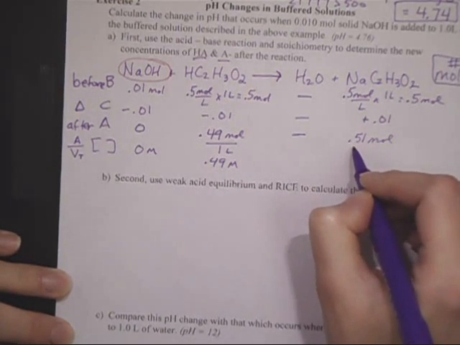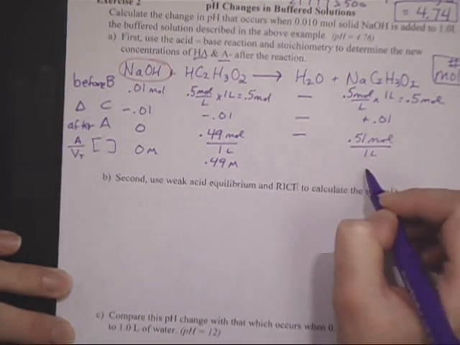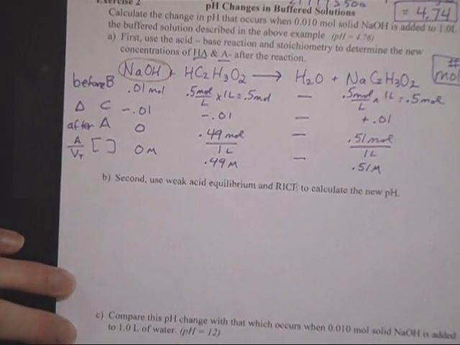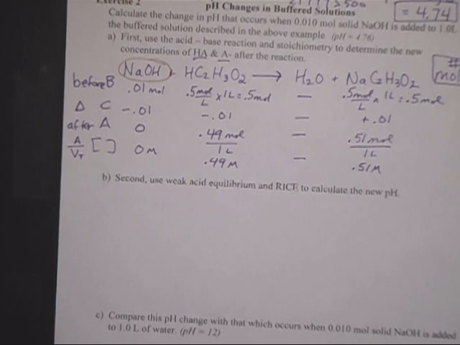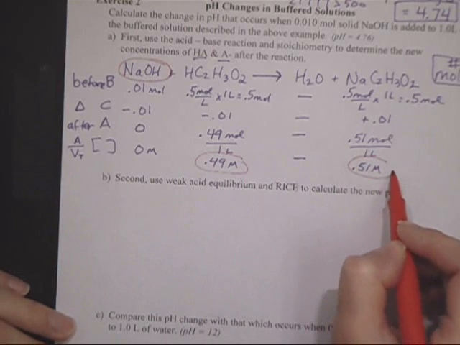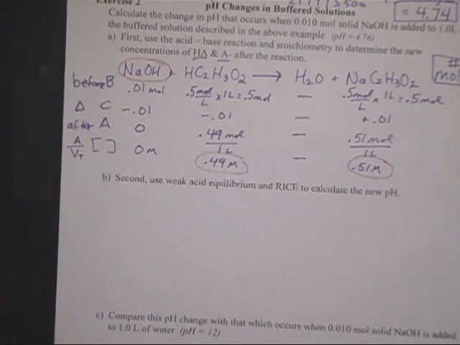And 0.51 divided by 1 liter is 0.51 molar. So this gets me what I'm asking for in this part of the question: determine the new concentrations of acid and conjugate base. Those are my new concentrations for part A.